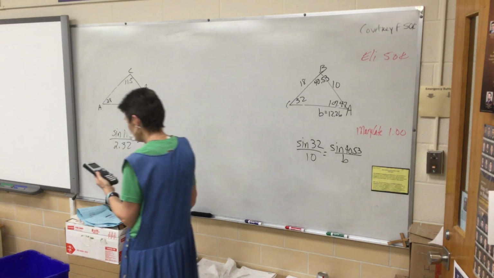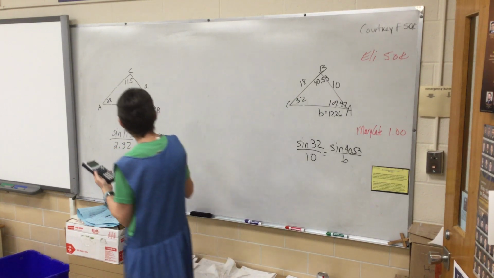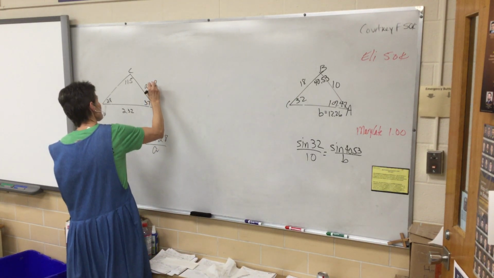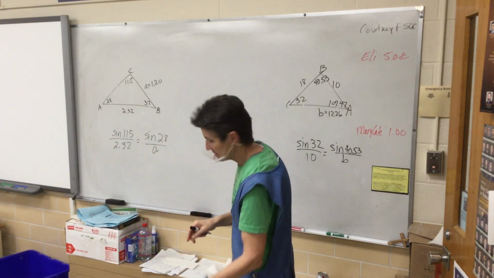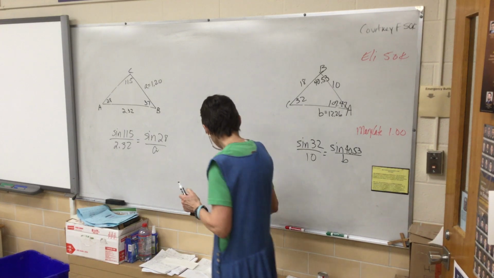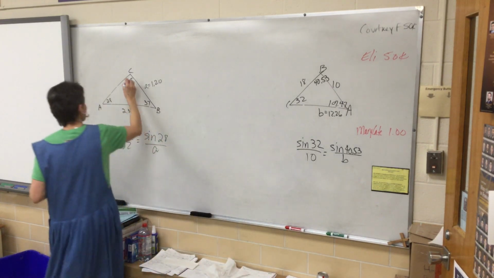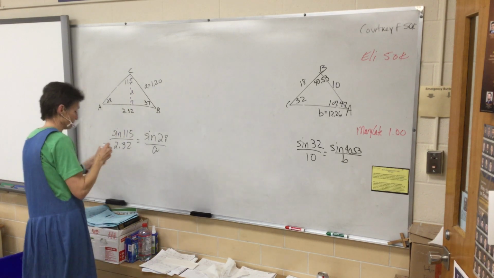Tell me what you get. Yeah, it's a small one. That's okay. 1.20. Perfect. Beautiful. Now that is side A, not the answer to the question. The answer to the question is this.